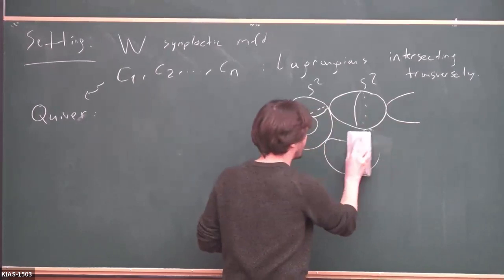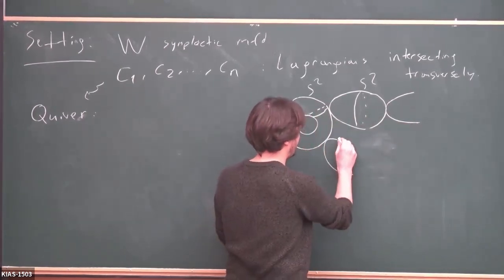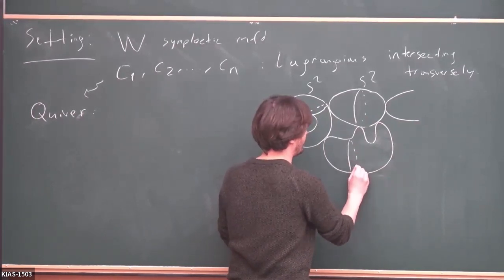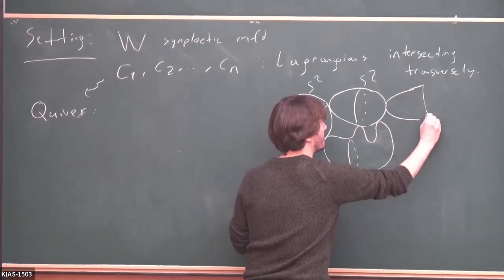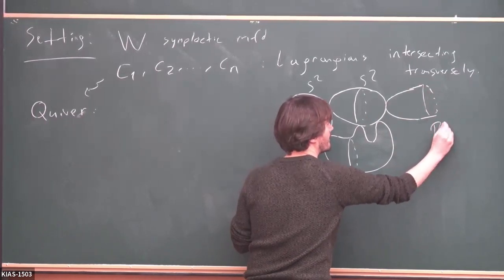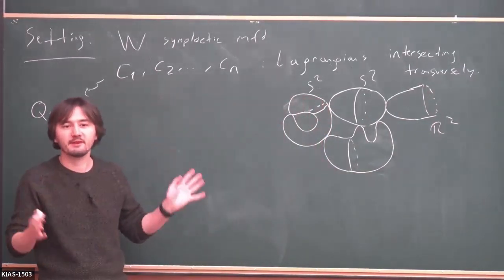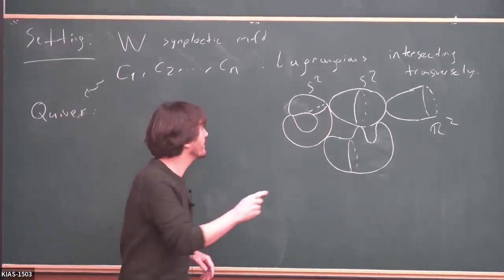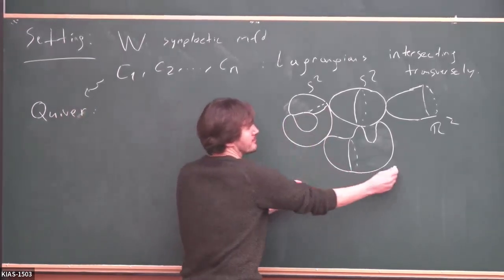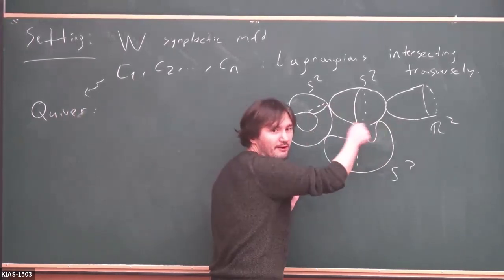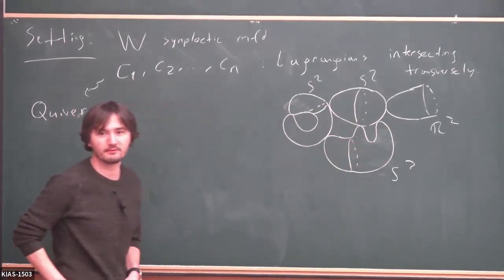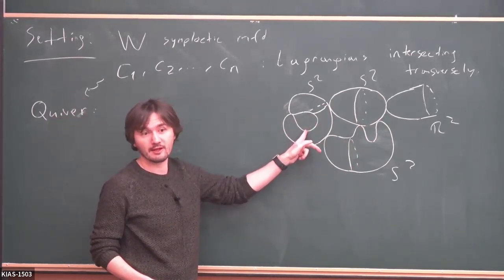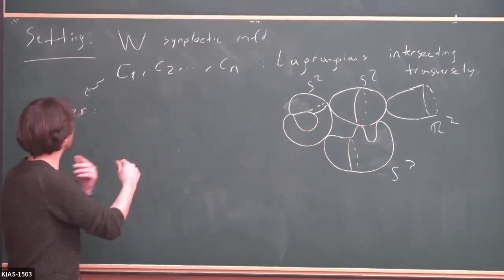Let's make it even more complicated. Let's say they intersect like this, and here they intersect transversely, okay? And this is S2, S2, S2, and this is R2, let's say. I mean, it can be anything, but let's say this is the example. And this is immersed, by the way. So it self-intersects once.